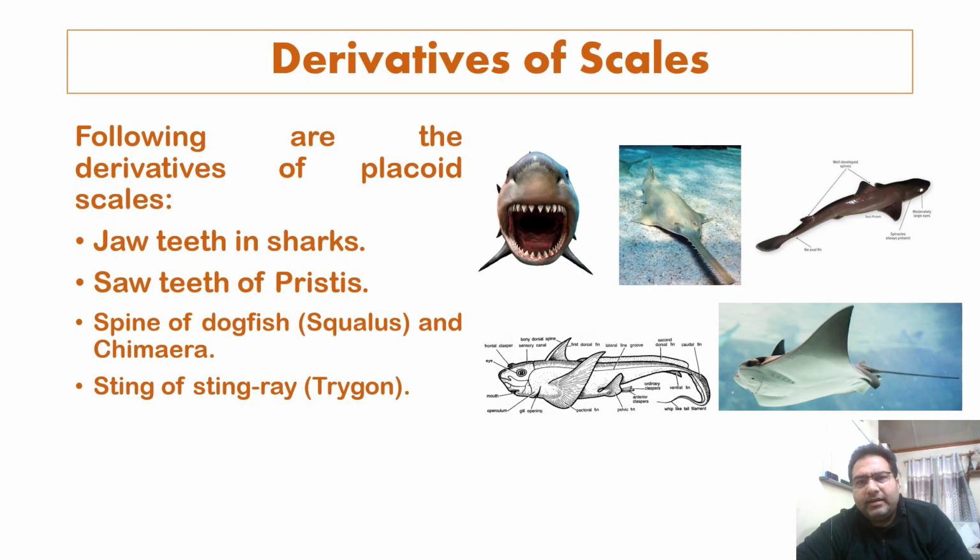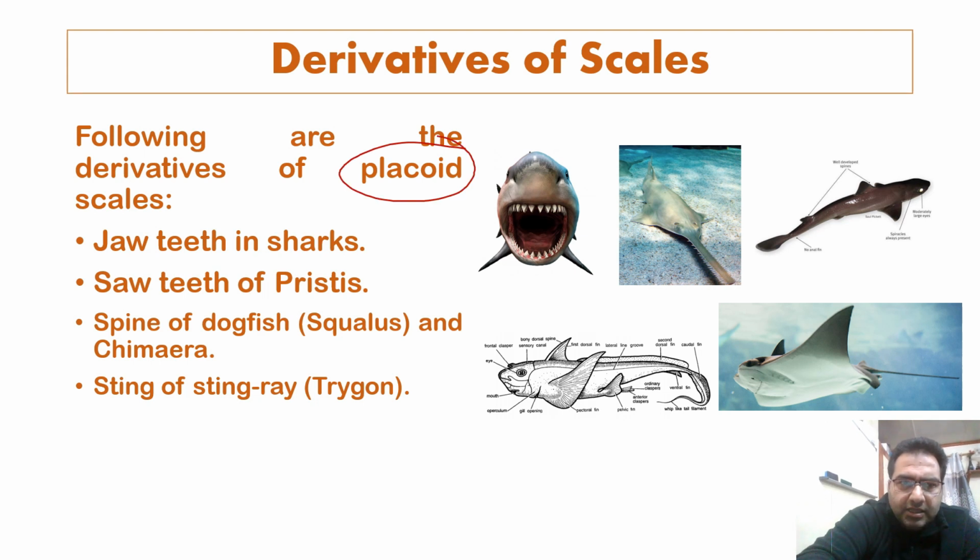So what are the derivatives of these very scales? In some fishes these very scales have certain derivatives. For example, when we talk about the placoid scales, the jaw teeth in the case of sharks are known to be a derivative of the placoid scales. The saw teeth of Pristis are also known to be a derivative of the placoid scales.